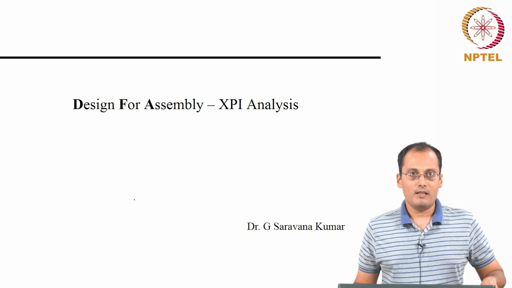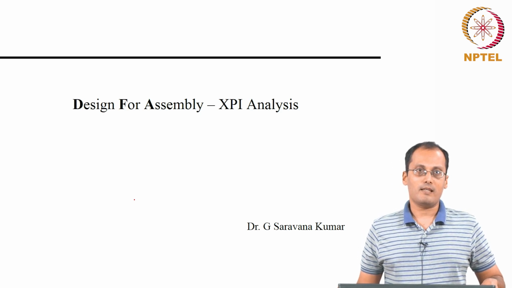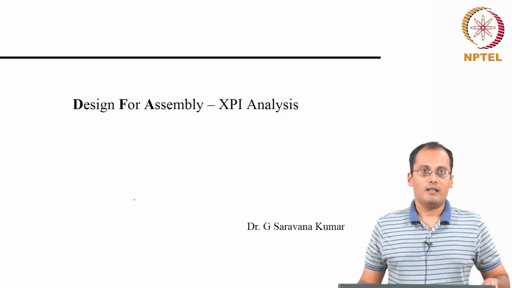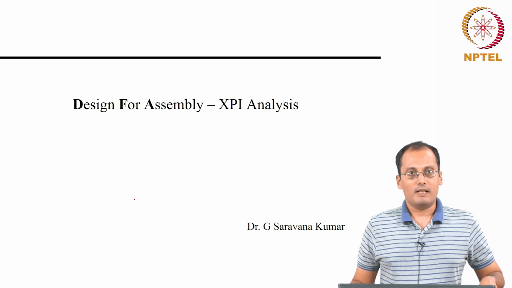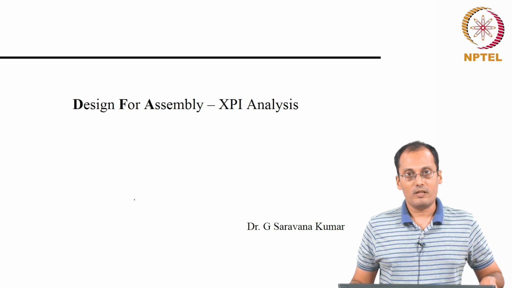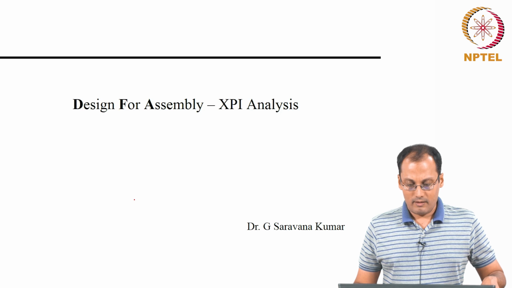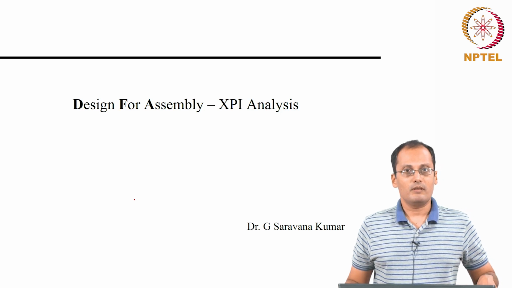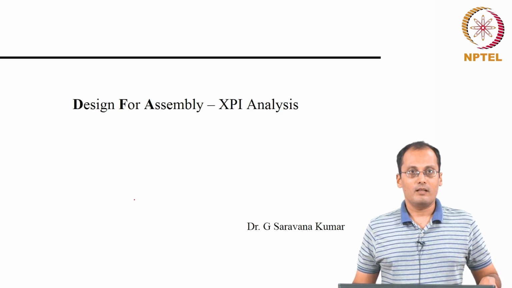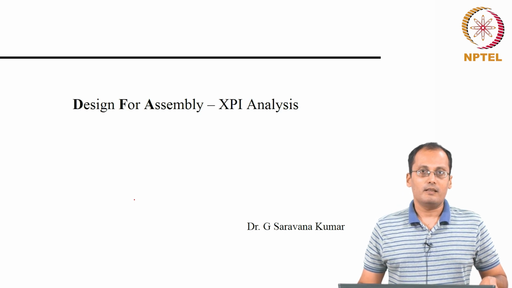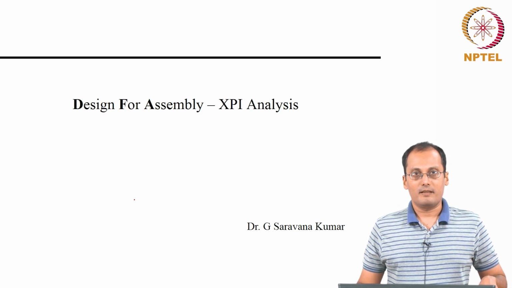So, there are many methods to assess the assembly difficulty, methods like the Boothroyd and Dewhurst method, and the method that we are going to discuss in this lecture, that is the XPI.